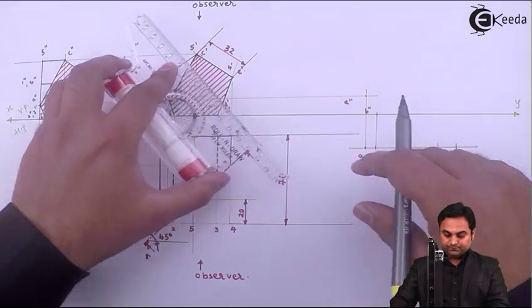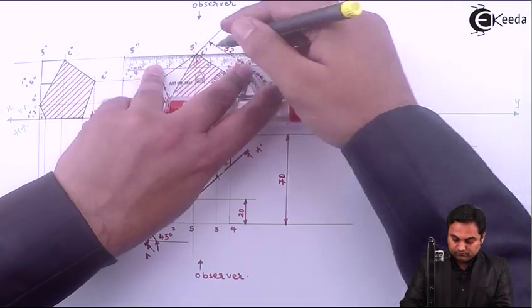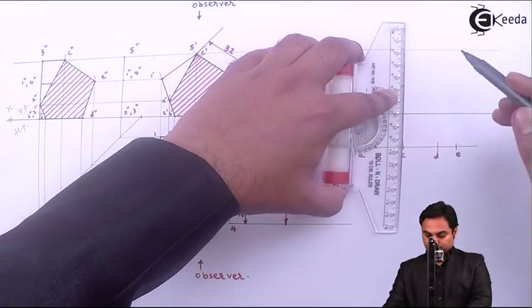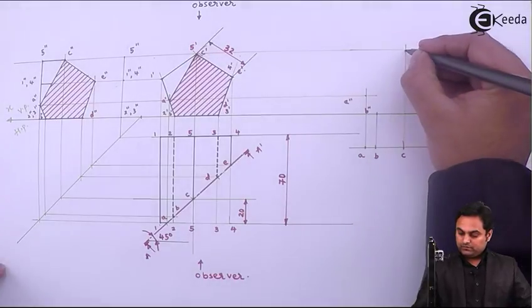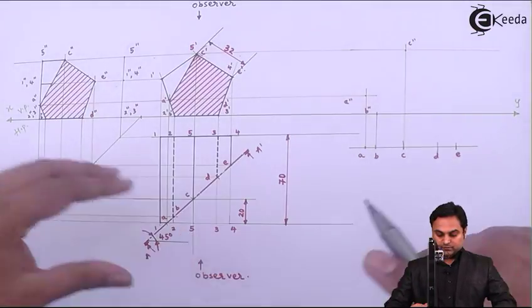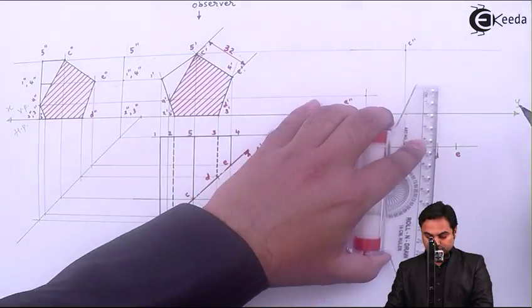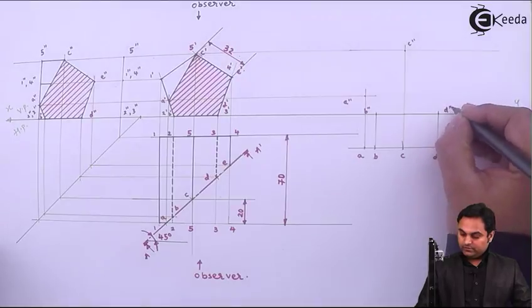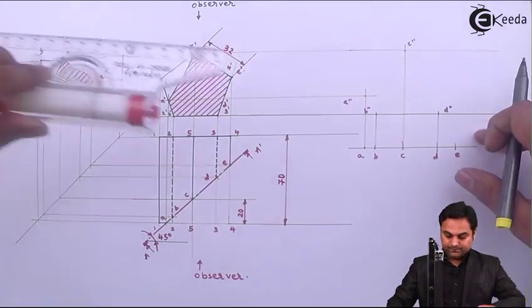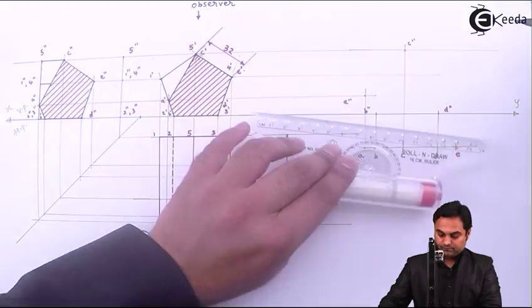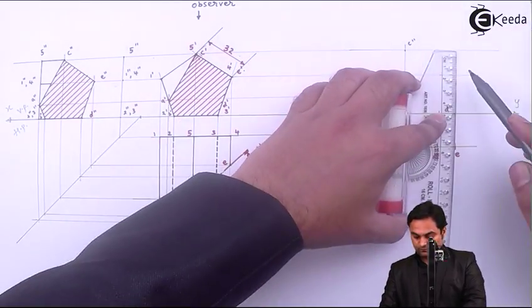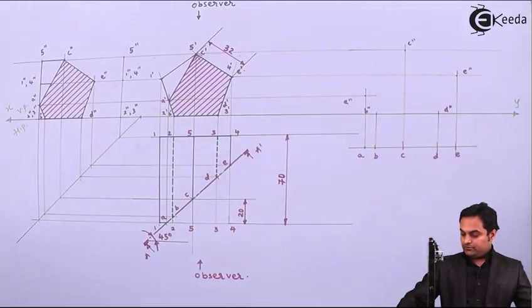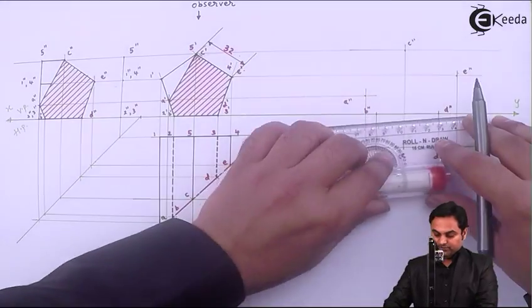Point C, this will be C double dash. Then point D is on XY line, D double dash. At last point E, so that is A double dash, E double dash. Joining them in the proper sequence will give me the true shape of the section.